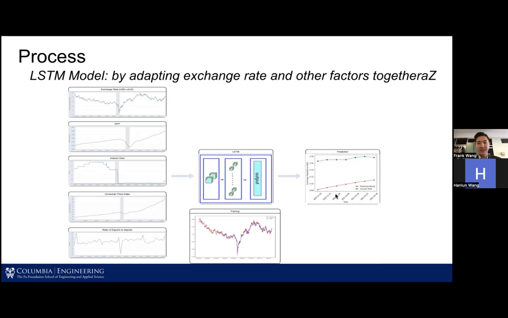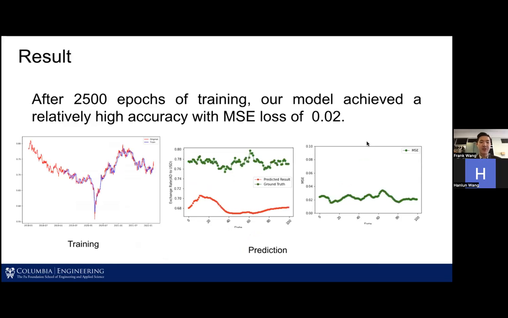In the rightmost picture, you can see the prediction result of our model for the next coming 7 days. After 2,500 epochs of training, our model has achieved a relatively high accuracy with an MSE loss of 0.02.